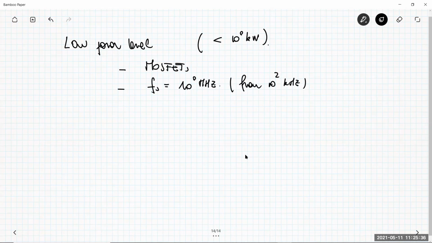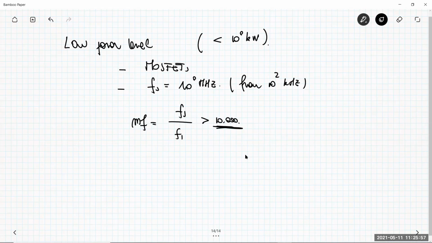So this means that MF for applications in which F1 is 50 or 60 hertz, so 100 hertz, 400 hertz, could be higher, as much as 10,000.